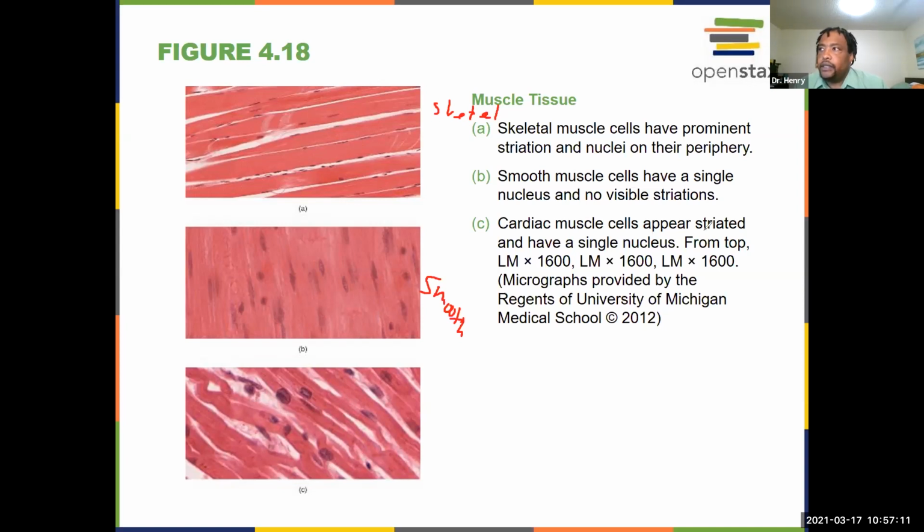You can see it's striated, and then you have single nuclei between the fibers. Okay, multinucleated, single nuclei, single nuclei. Look how the nuclei are oriented between the striations. So, make sense? This one is not striated. Okay.